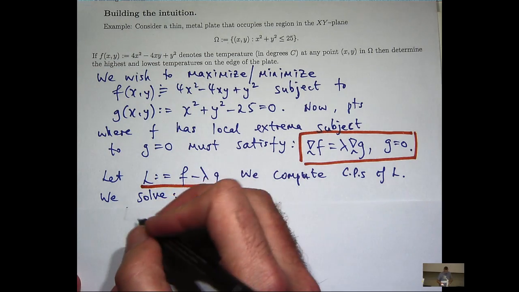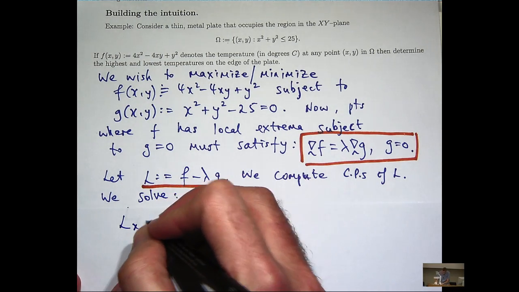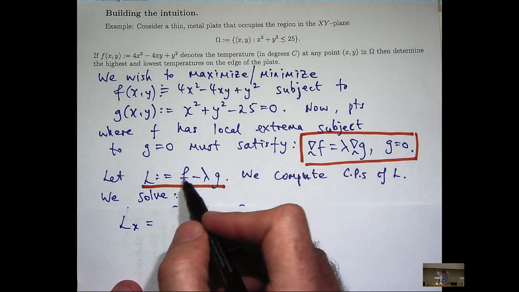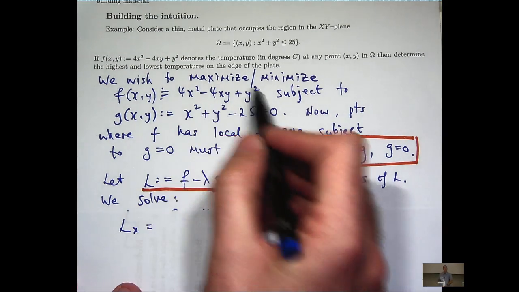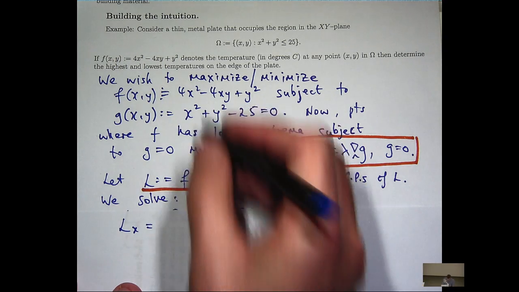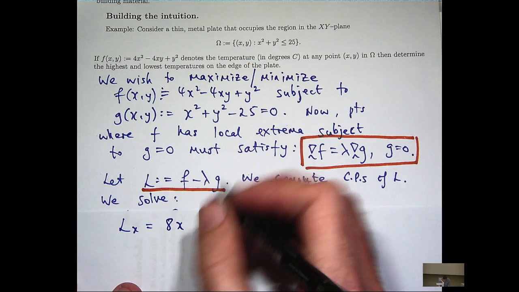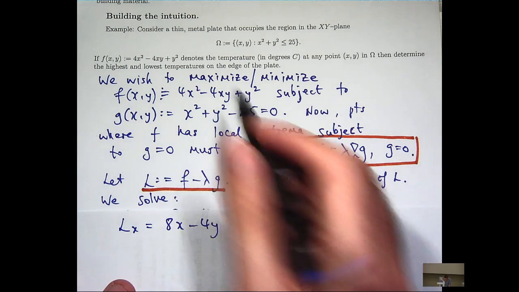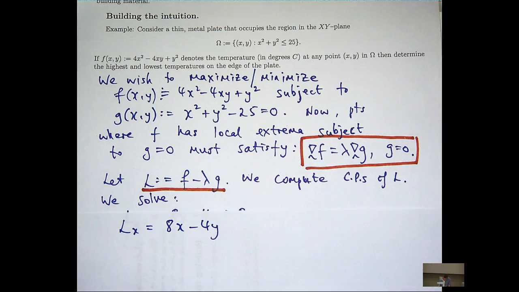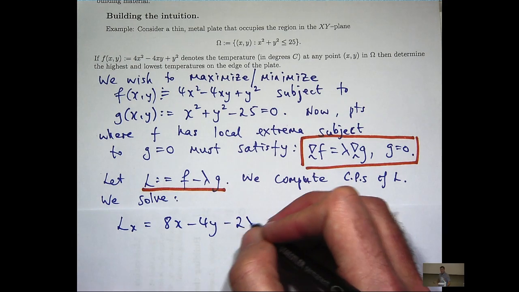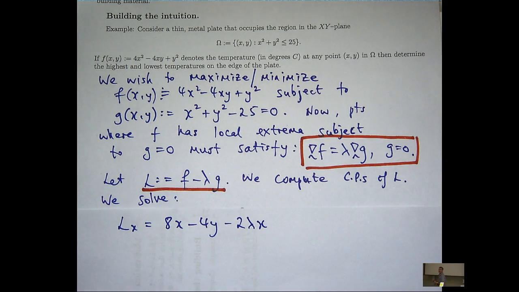Well, f minus lambda g, it's that minus lambda bracket that. So I'm going to get 8x minus 4y, then I'm going to have a lambda in there. So when I differentiate that with respect to x, I'm going to get something like minus 2 lambda x.